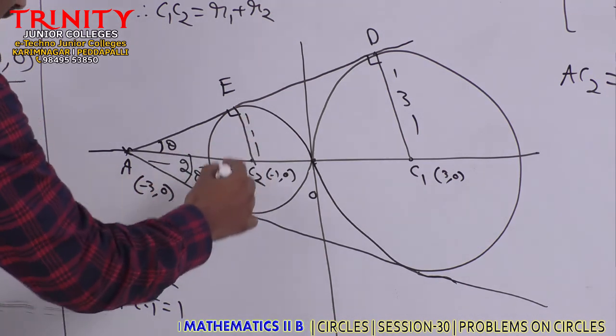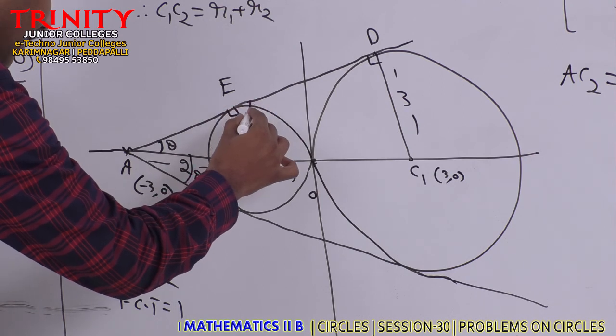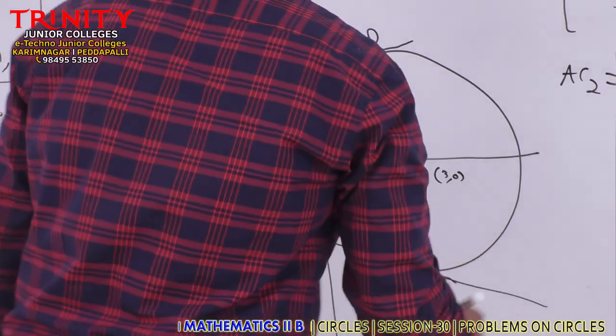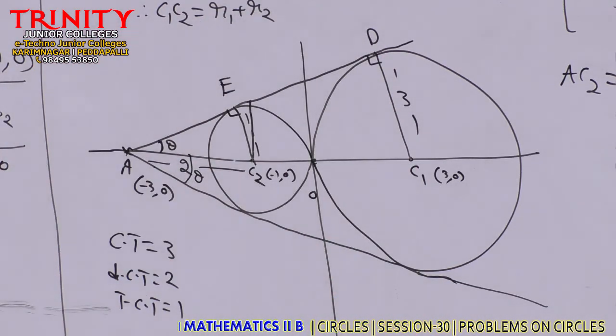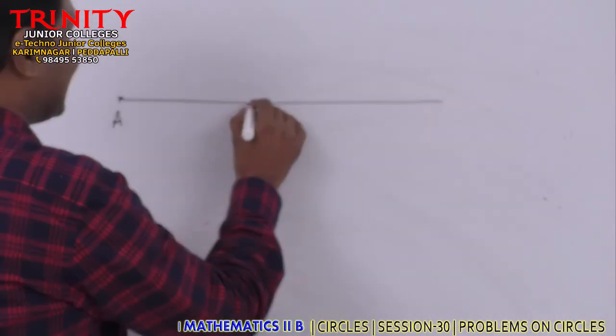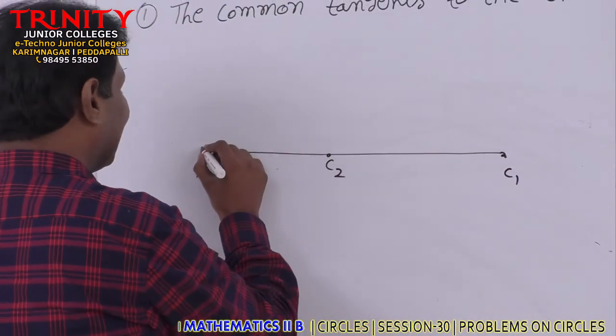In this situation, we take one perpendicular line here. The diagram is drawn like this. Here is point A, this is C2, this is C1, this is the line.